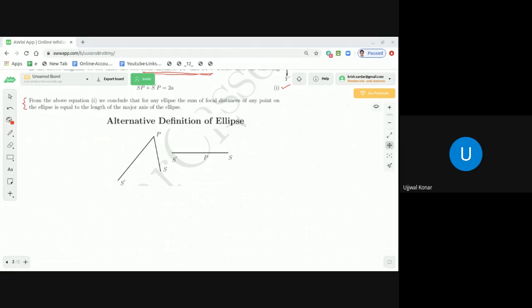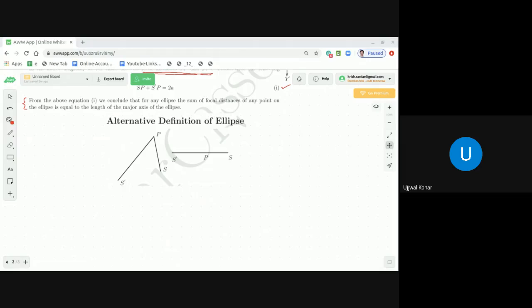K is a real constant. So let S and S dash be two fixed points and P be a variable point which moves in a plane such that SP plus S dash P is equal to K, where K is a real constant.